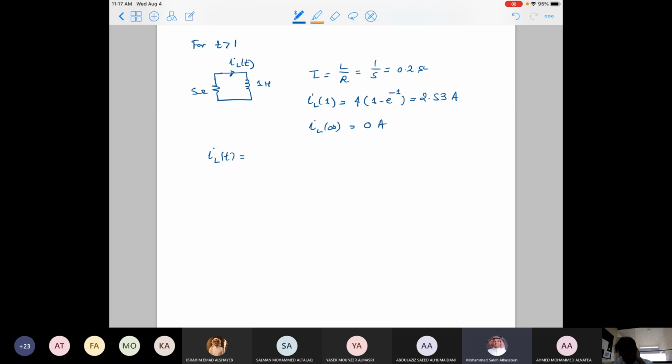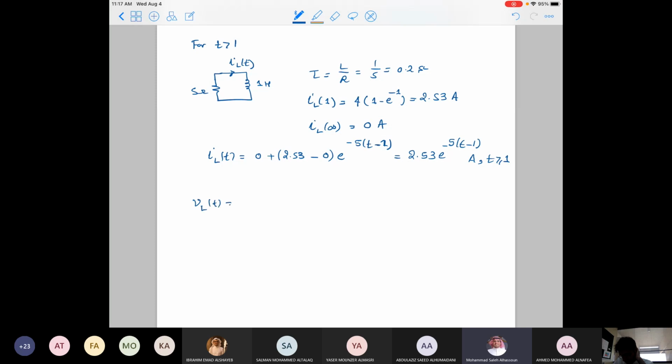I will assume that I have the initial value and the final value, and it will lend itself into a form that's applicable to both cases. Here, please pay attention. Now this one is centered at t equals 1. So the solution will be 2.53 ampere, and this is true for t greater than 1.